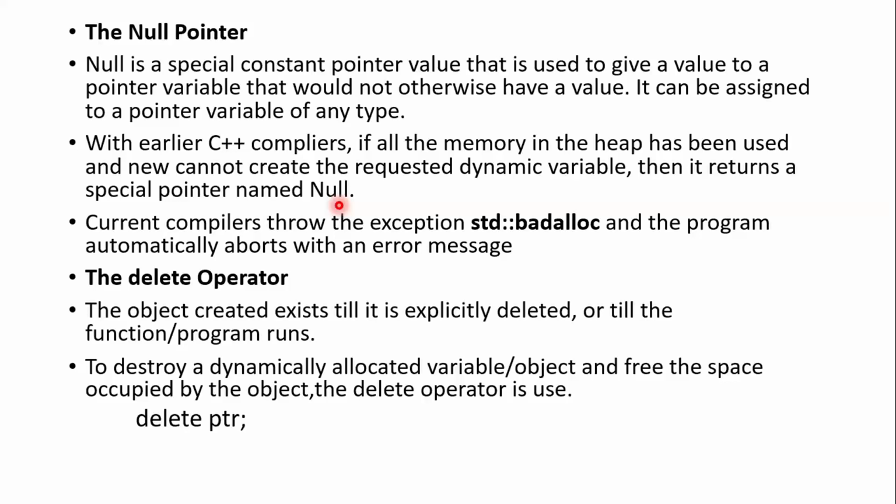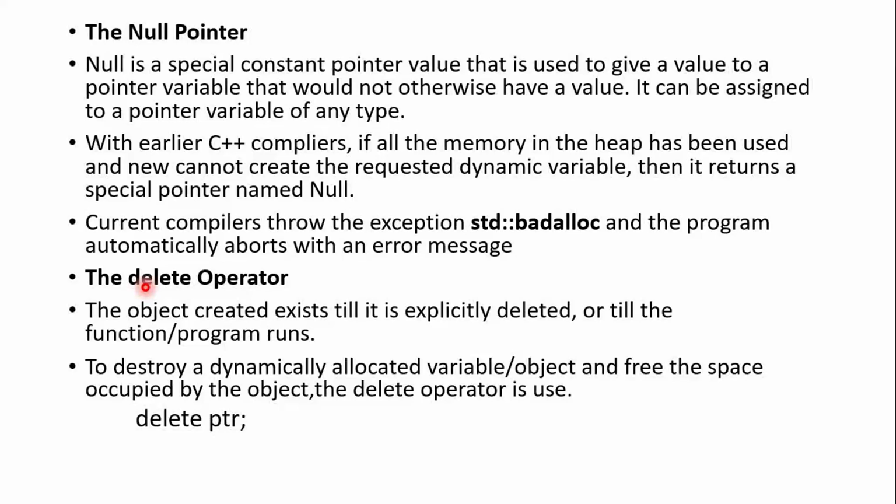But with current compilers, there is no such case. Automatically, it will throw the exception std::bad_alloc, specifying that it is a bad allocation, and the program alerts you with an error message. Okay, so this is about null pointers.